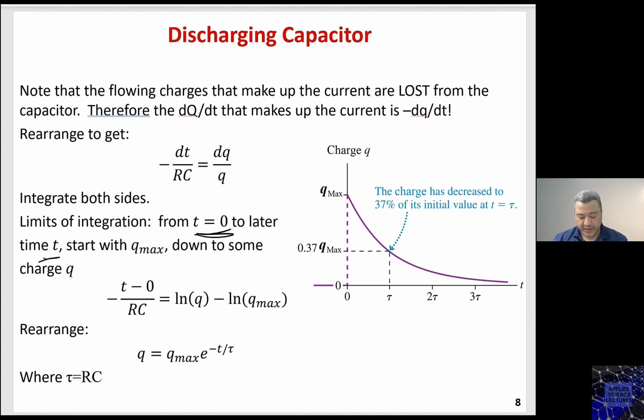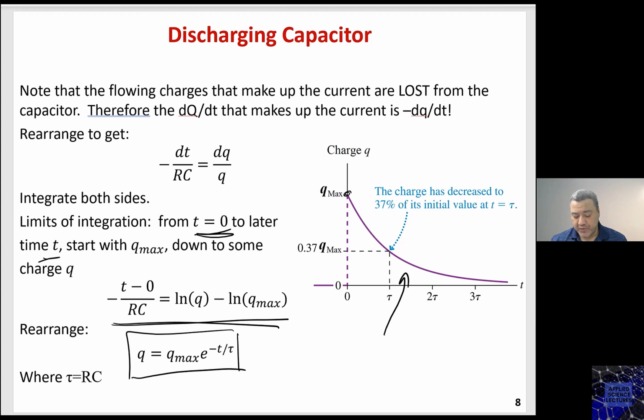So taking the integration, substituting, and rearranging, we get this expression, which is also an exponential function. Which means the capacitor is going to discharge with this function from whatever charge it was at till the charge becomes 0 at infinity.